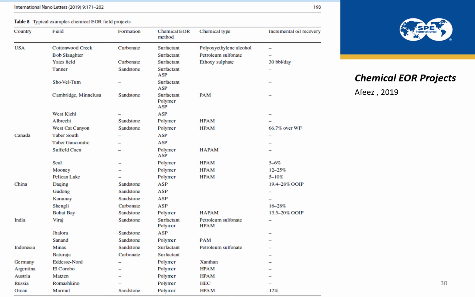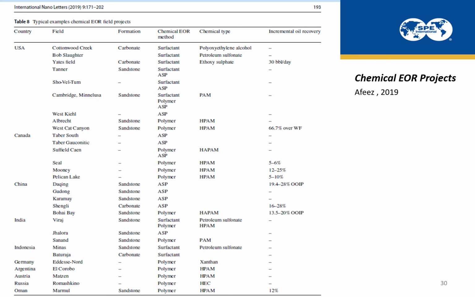This table from a recent study shows the breakdown for the chemical EOR projects in USA, Canada, China, India, Indonesia, Germany, Argentina, Australia, Russia, and Oman. And we can notice the type of formation here, most of these fields are sandstone reservoirs, with many different types of chemical EOR.